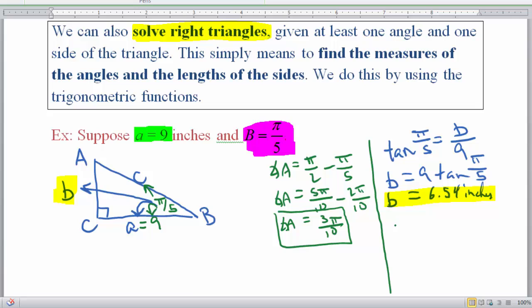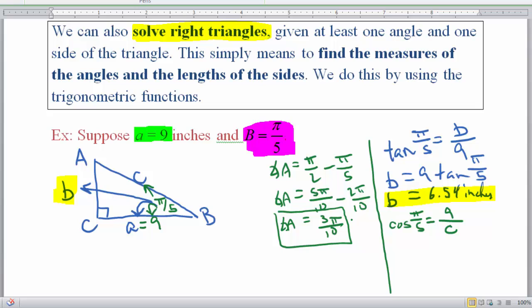So in this case, the definition would be the cosine of the angle, which is pi over 5, is going to be equal to the adjacent, the leg adjacent, which is 9, over the hypotenuse, which is c, which is what I'm trying to find.